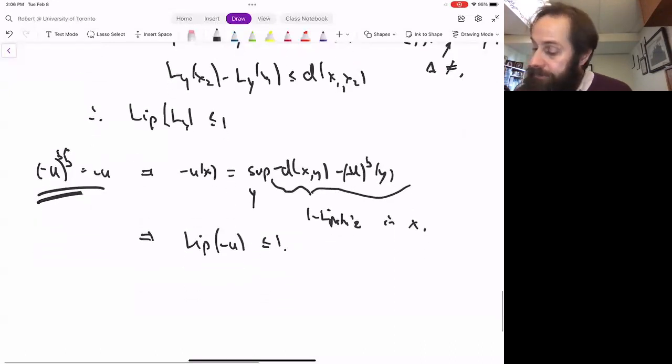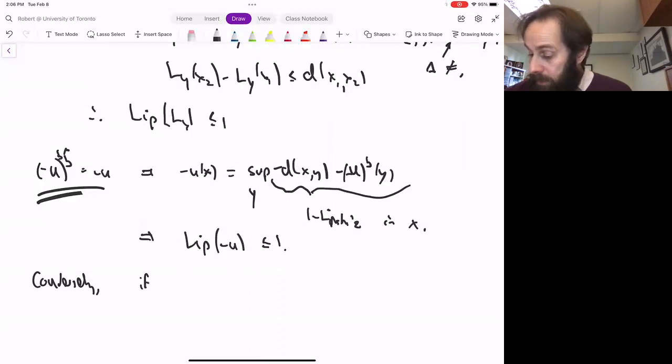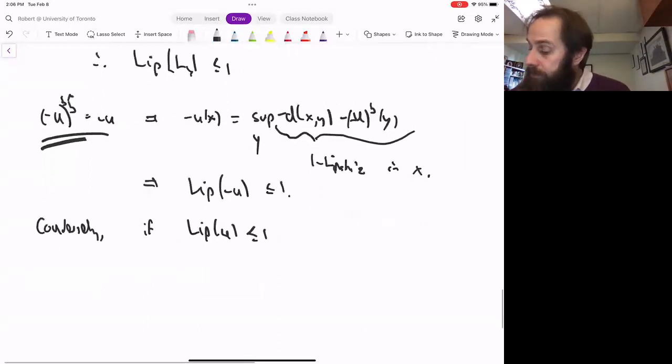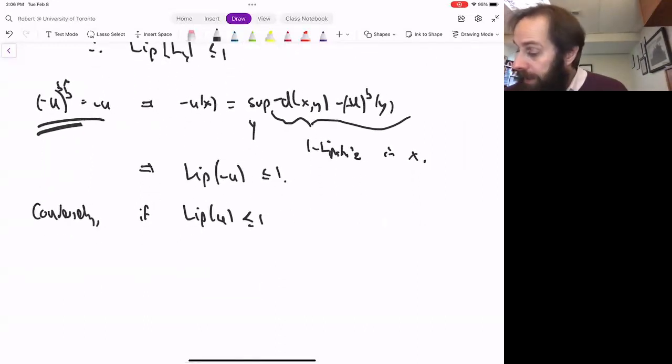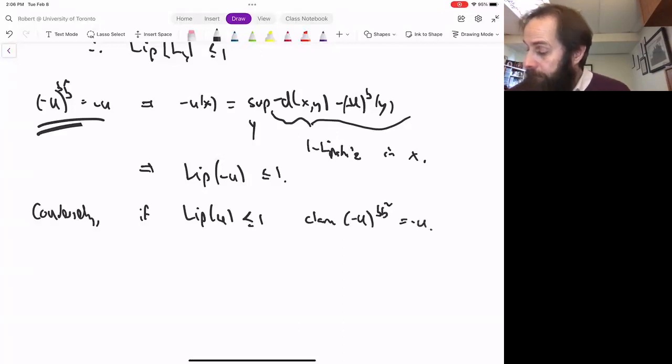And conversely, if Lip U is less than 1, we claim U is its own second transform. And so let me see how am I going to show this.